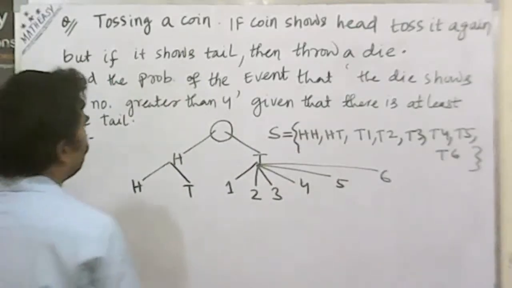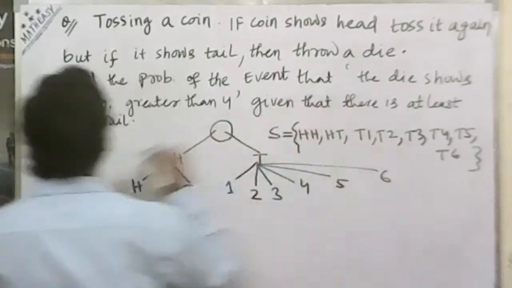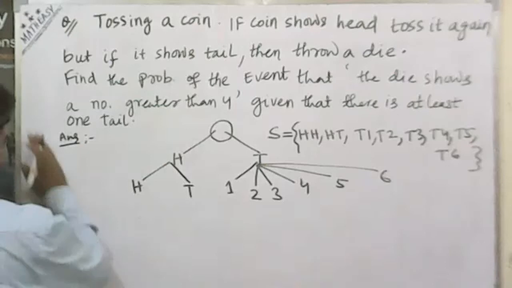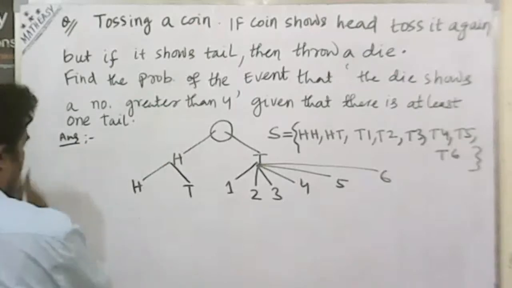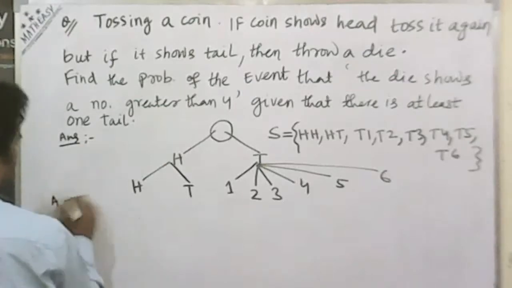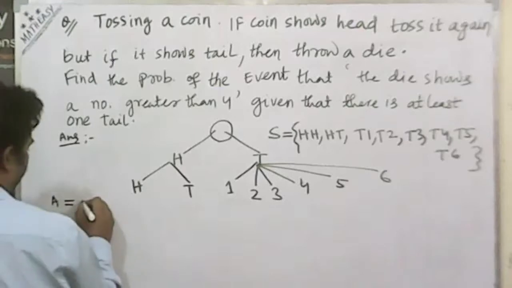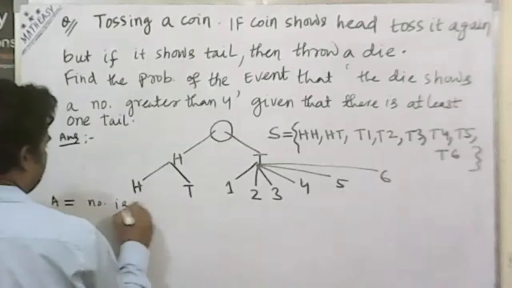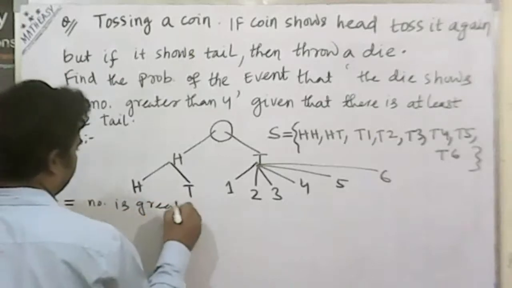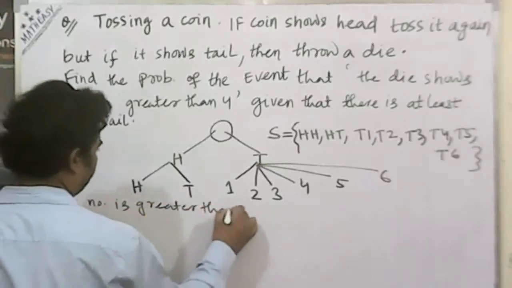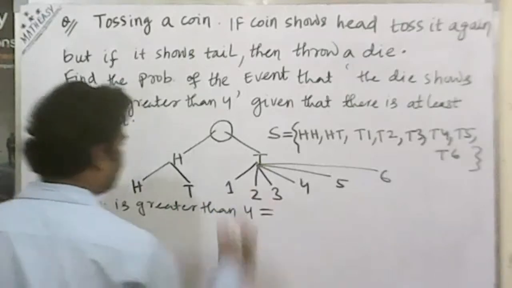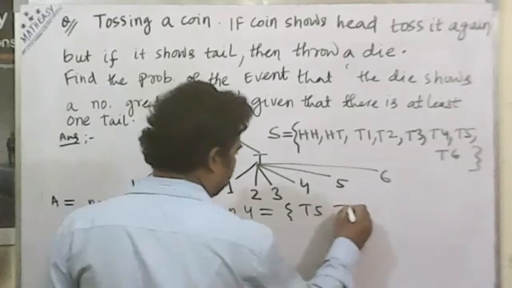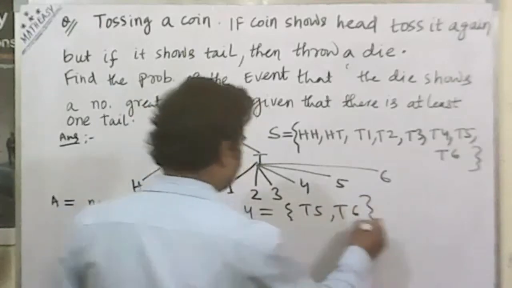Then, the event given: the die shows a number greater than 4. That is, the number is greater than 4. It means T5 and T6.